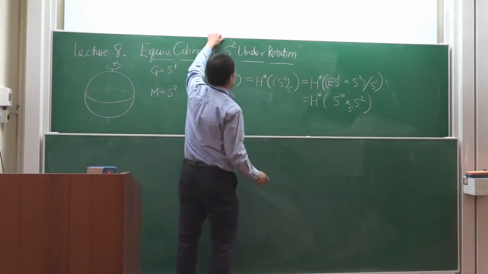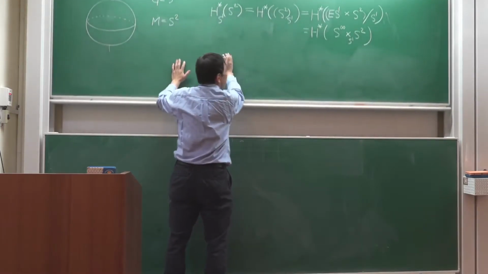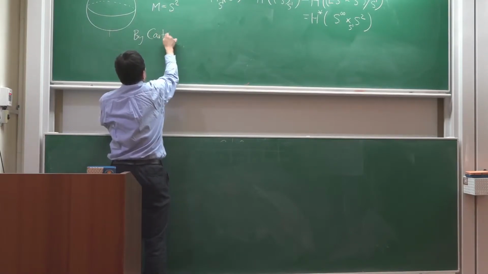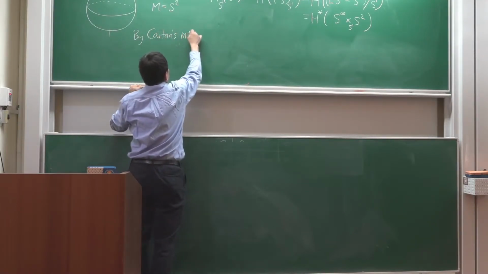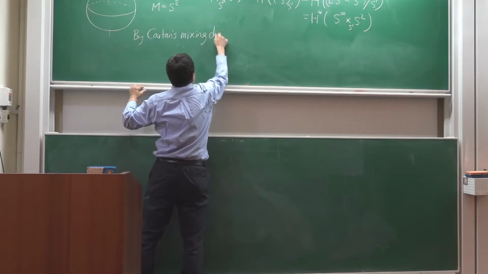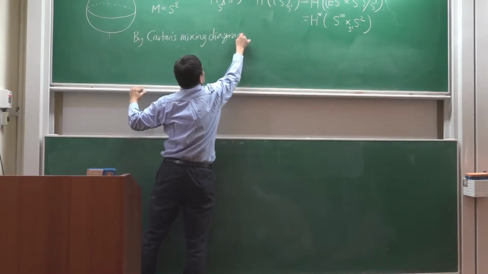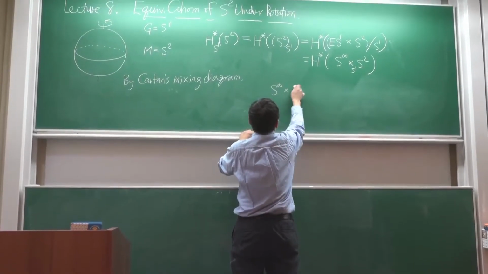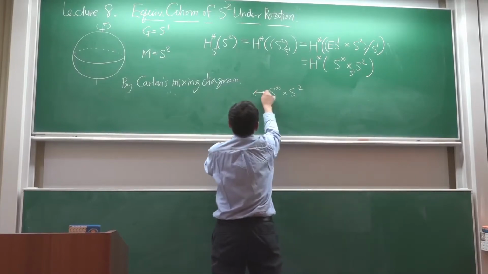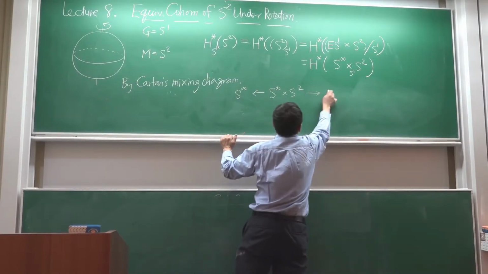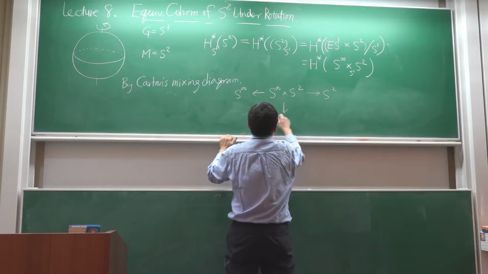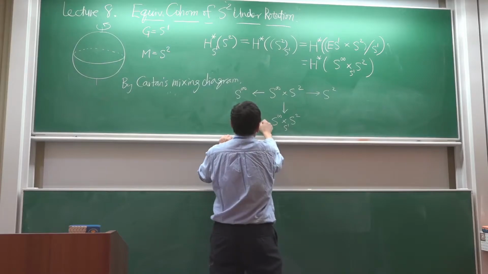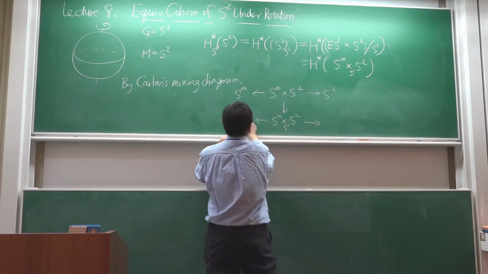Now, by Cartan's mixing diagram, you have S infinity cross S2, and then the two projections, and then you have the quotient by S1, and the two projections.